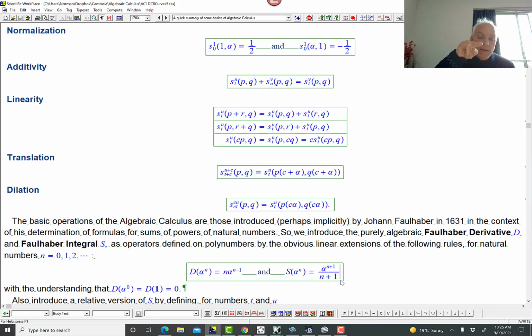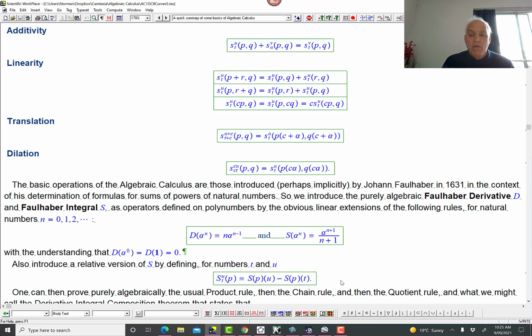And that's where these 2 operators originally made their debut, before Newton and Leibniz. So we're going to be following this. We're going to call them the Faulhaber derivative, capital D derivative, and the Faulhaber integral, capital I integral.